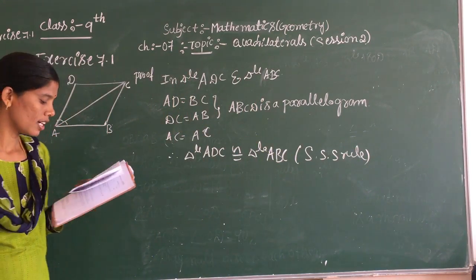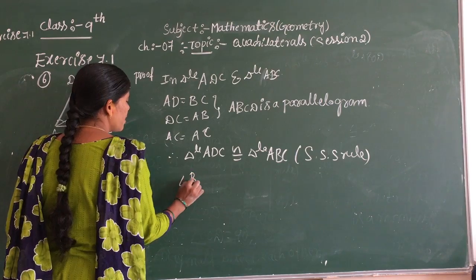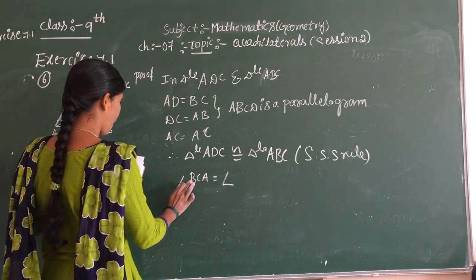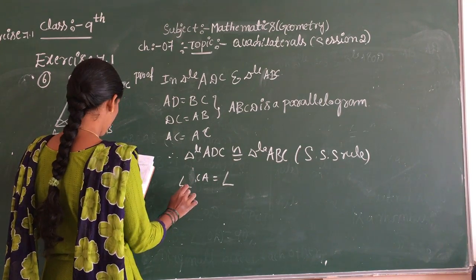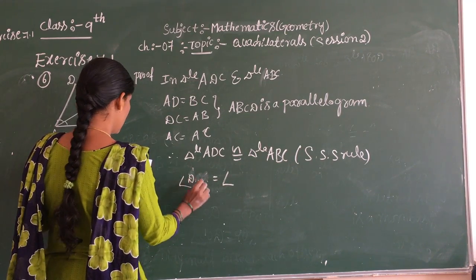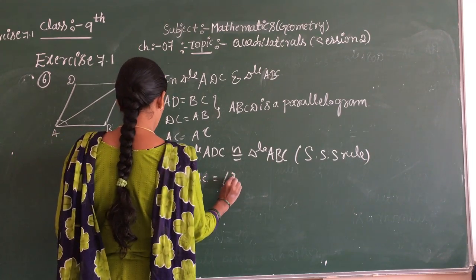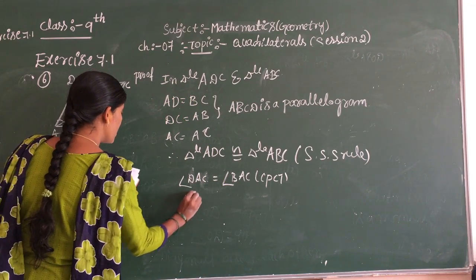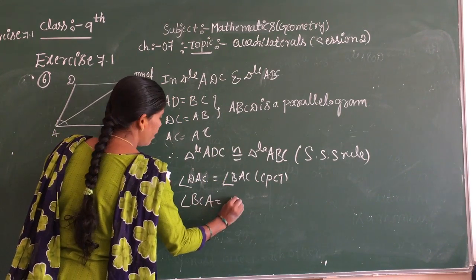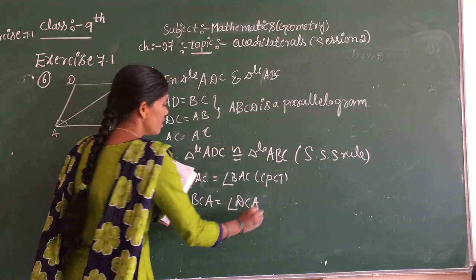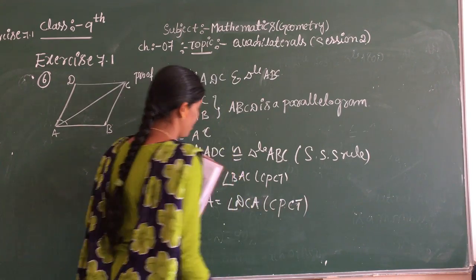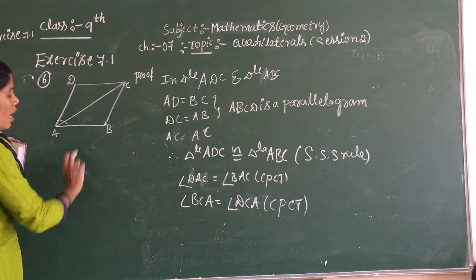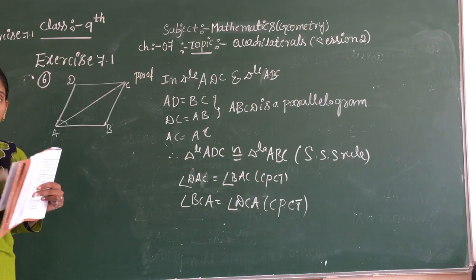Okay. Now next, angle BCA is equal to angle, which one is the angle? Angle DAC is equal to angle BAC. This is CPCT. Now next, angle BCA is equal to angle DCA, this is corresponding parts of congruent triangles. So DAC is equal to BAC and BCA, this is the vice versa process, children.